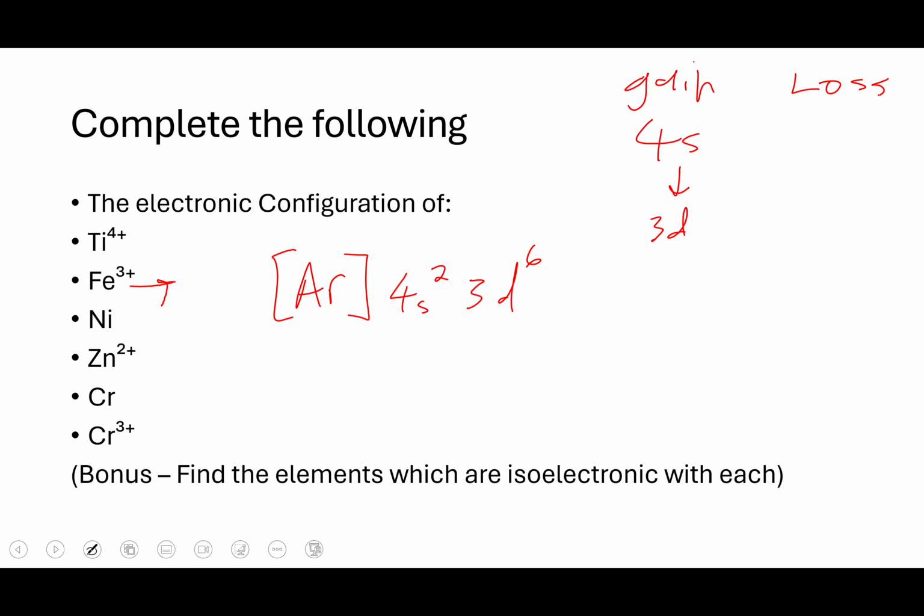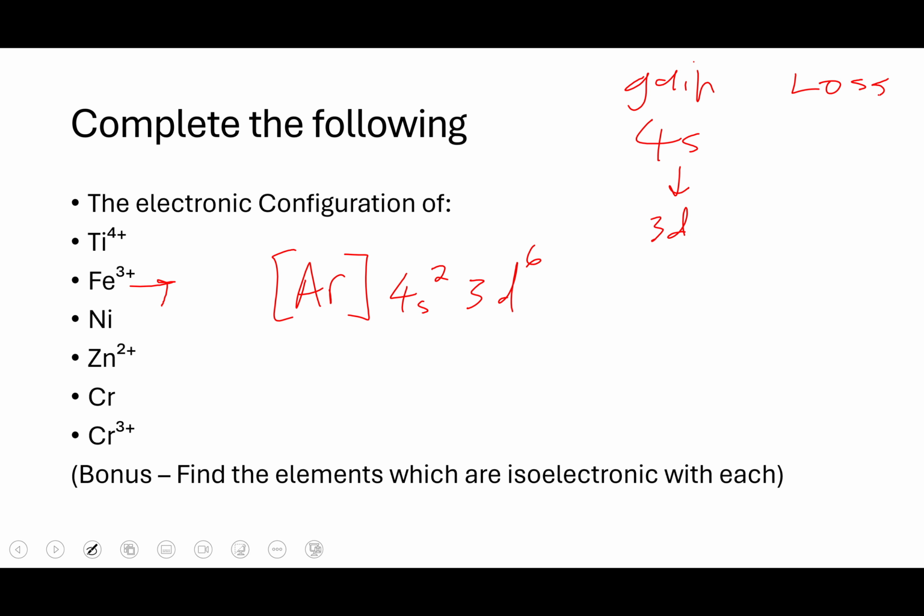Sorry sir, did you hear that question? Repeat, I did not hear what you asked. I was asking what's going to happen for iron 3 plus. So this is iron now. What's happening for iron 3 plus?